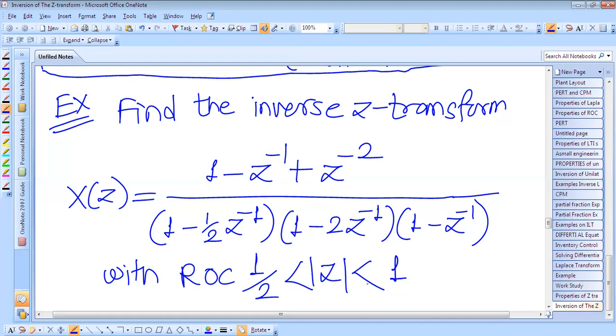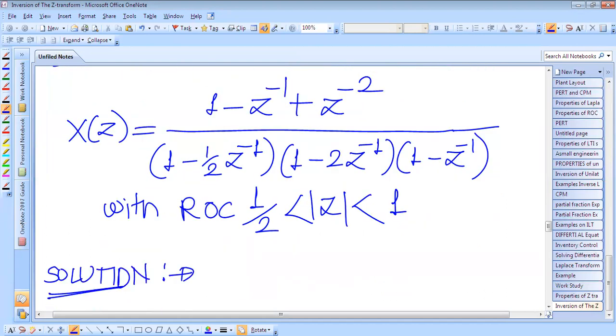So we have to find the inverse Z transform of the given function. Okay, so let us start.